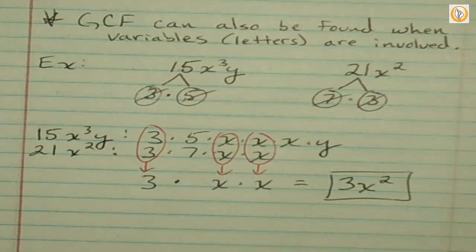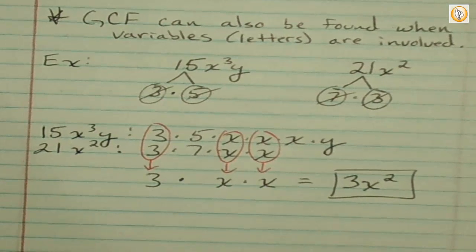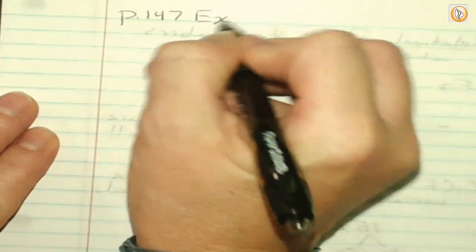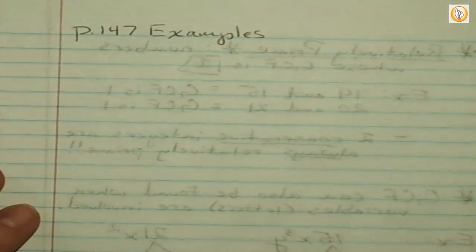All right. Open up your books. Does everyone have this down? All right, open up your books to page 147. We're doing examples, and I'm only doing a couple. You'll find out.